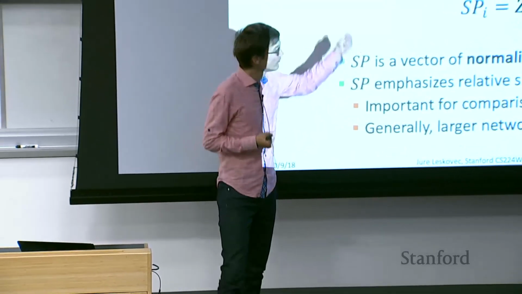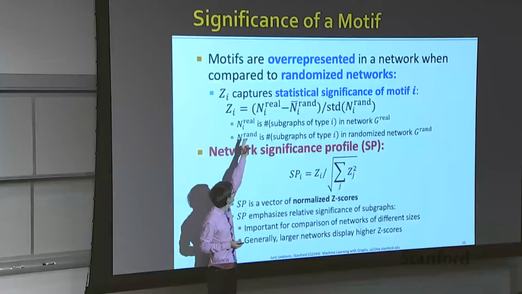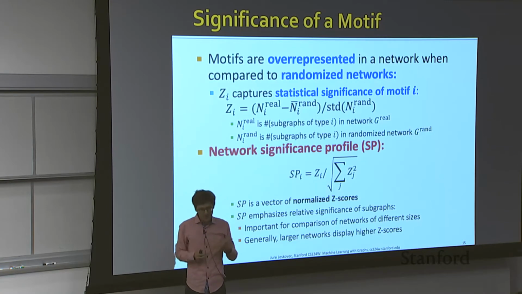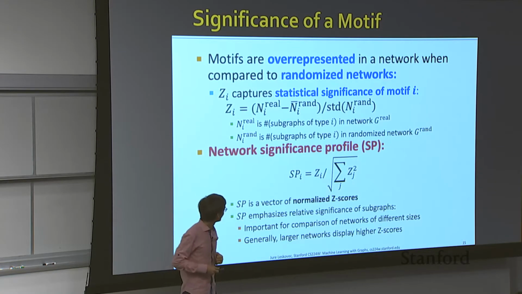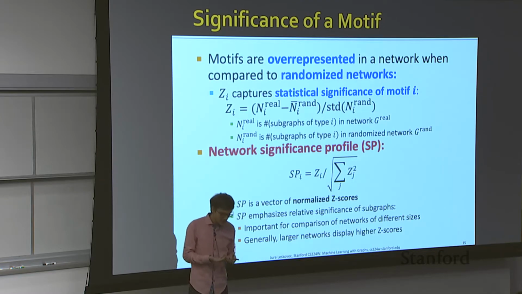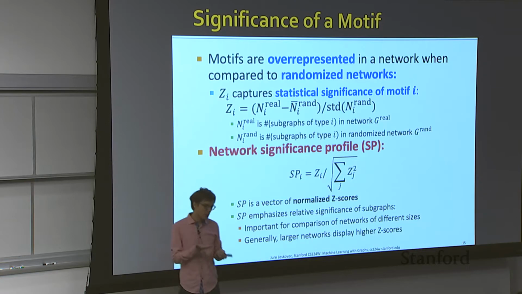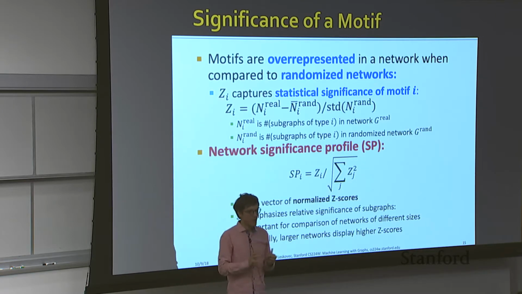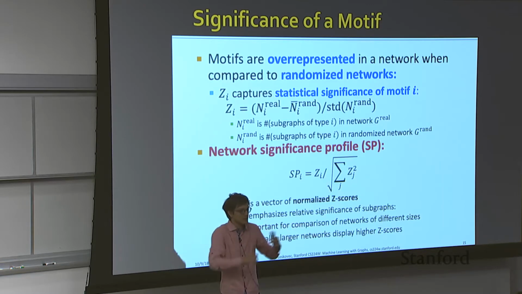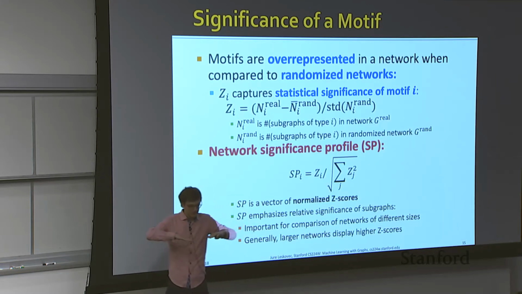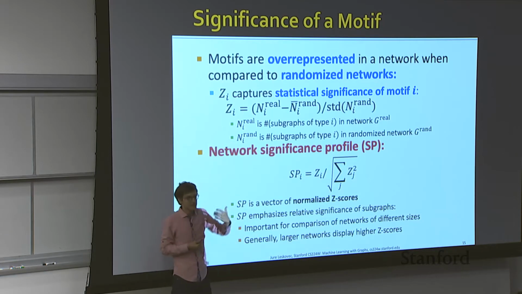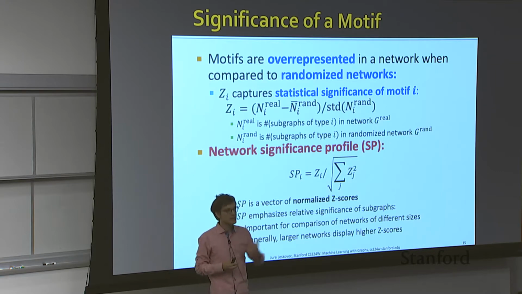Great question. The question in some sense is, why don't I work with real counts, and why do I compute this significance? The point is the following. The number of times a motif occurs will depend a lot on the size of the network. Bigger networks should have more instances of the motif, and it will also depend a bit on the density of the network. So the reason why we compute significance this way is because it abstracts that away.